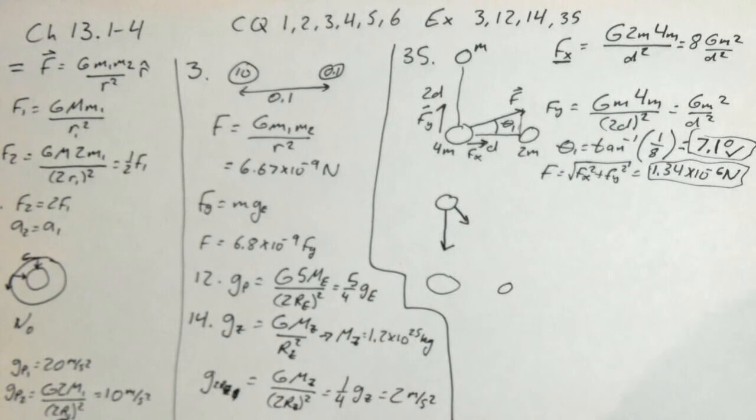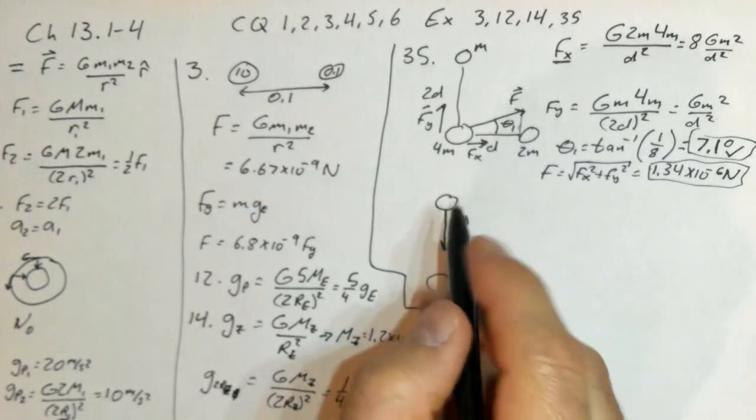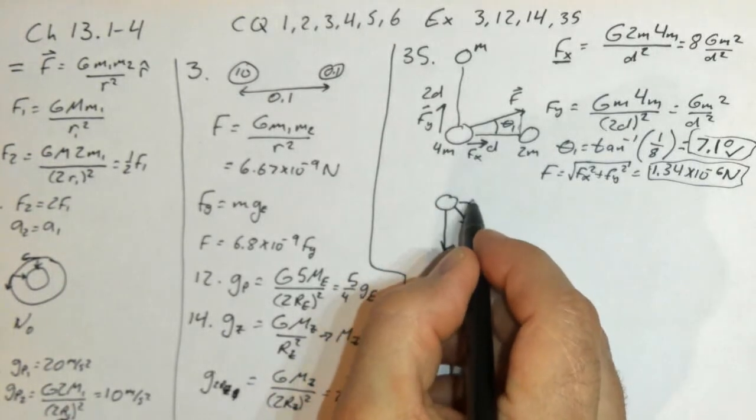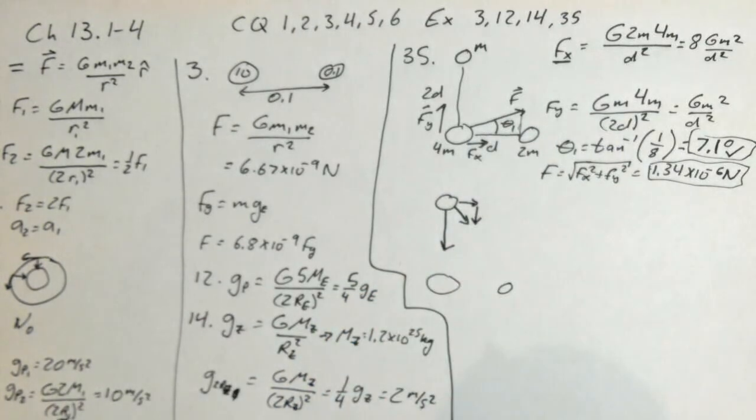But what's important is I need to add these vectorially, which means I need to break this one up into a horizontal piece and a vertical piece. I need to calculate those pieces.